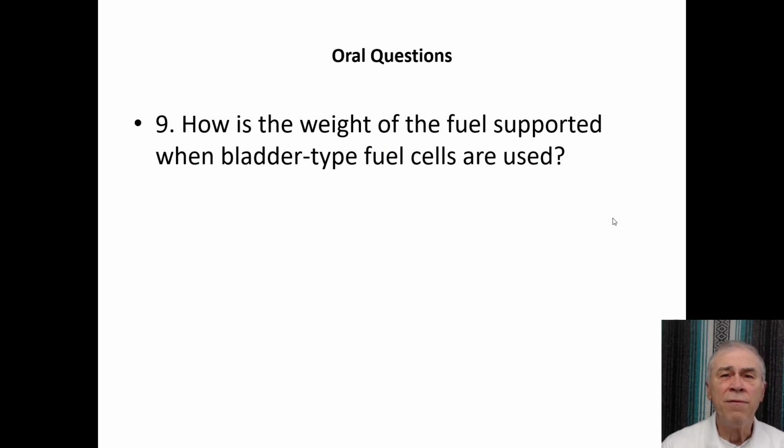How is the weight of the fuel supported when bladder type fuel cells are used? The weight of the fuel itself is supported by the actual aircraft structure. It doesn't have any additional support.